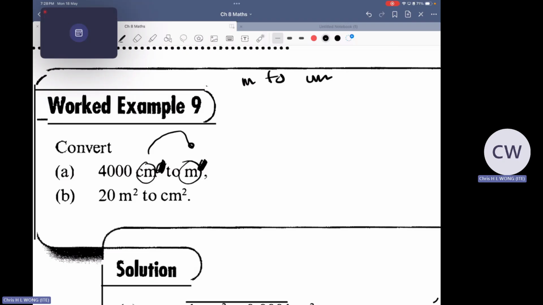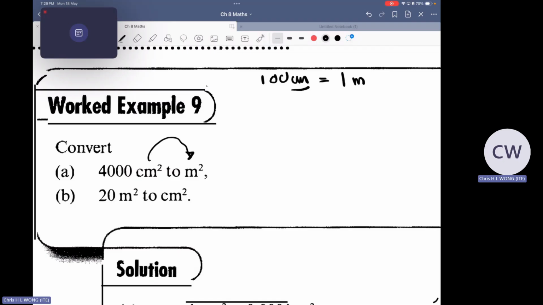So how do you approach such a question? My suggestion is you approach it the same way. Instead of saying 1 meter to 100 cm, you go the other way around, because you need the cm to be here. So you put cm here, meter here. 1 meter gives you 100 cm, because I need to convert cm to meter.